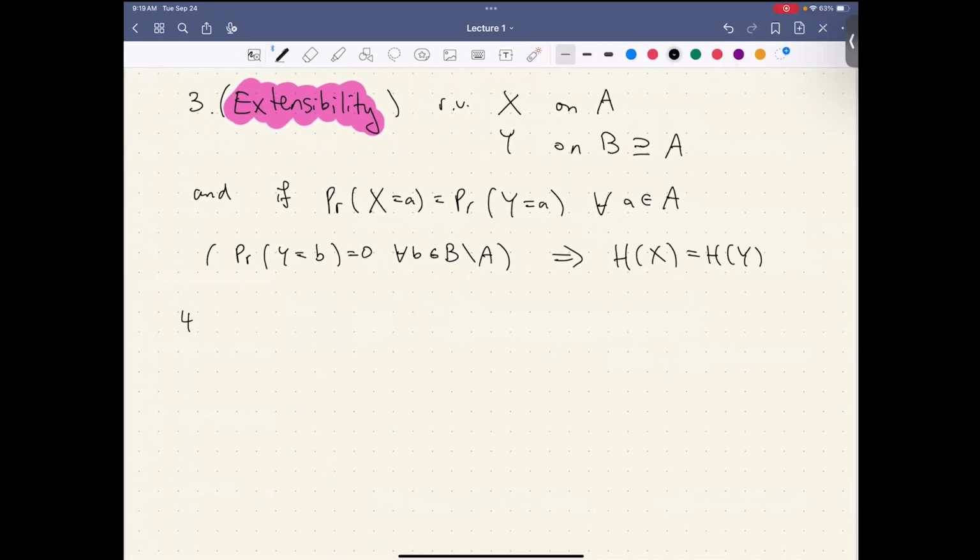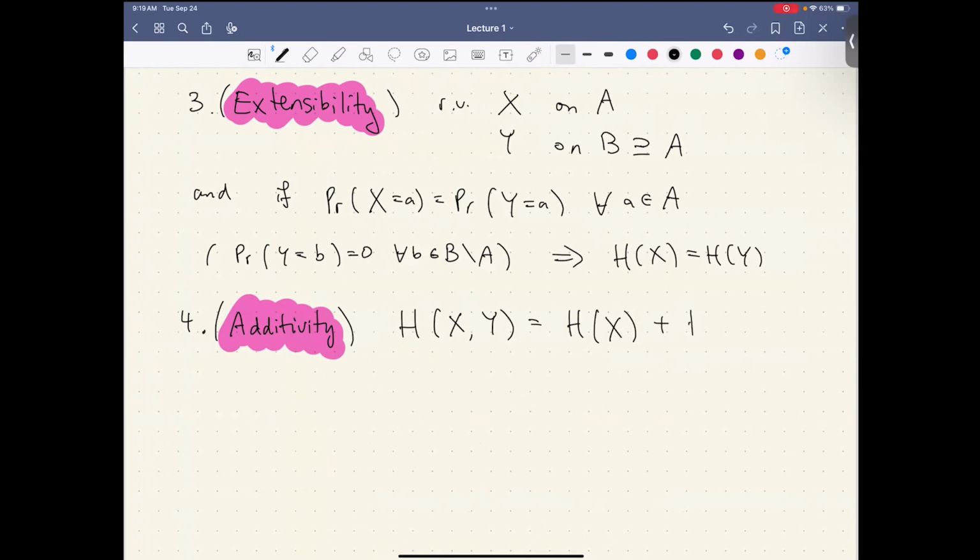The fourth axiom, additivity. This is an important one. Additivity says the joint information two random variables carry equals, first of all, the information that X carries, plus the additional information that Y gives us after knowing X. Once again, this is the total information they give.